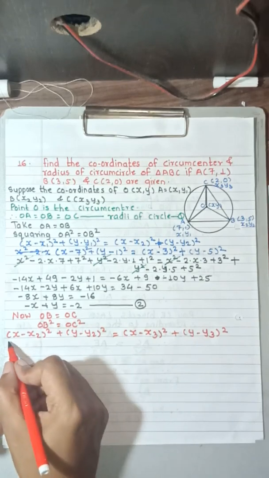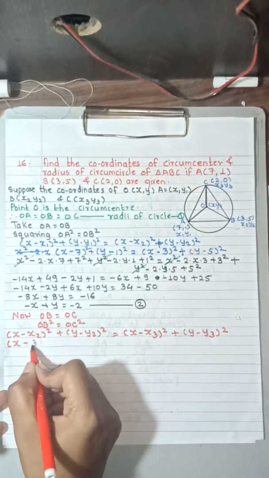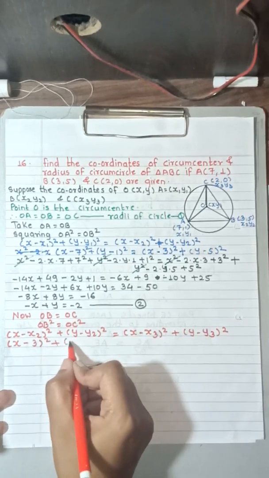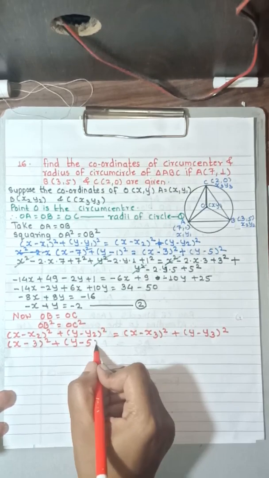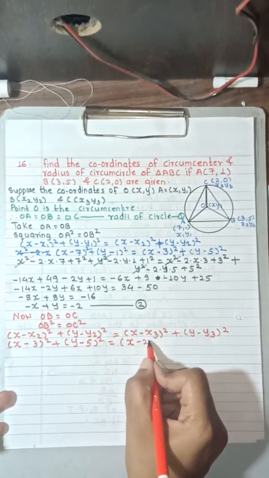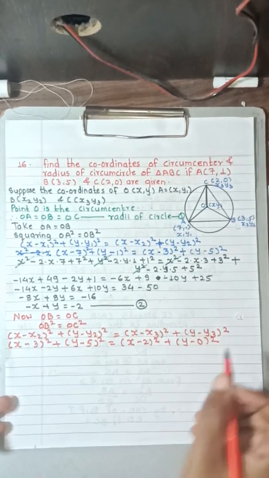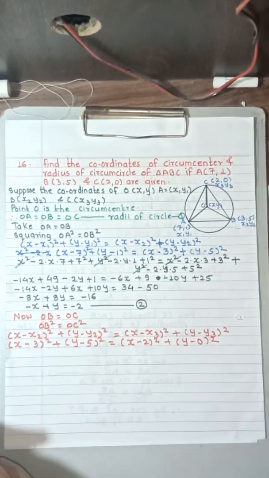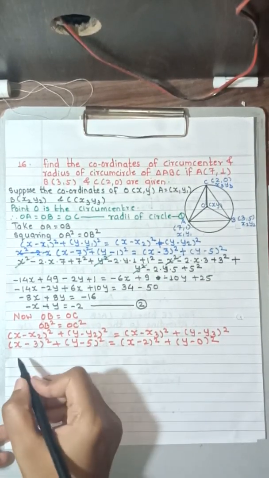Okay, so we'll put the values. Now what is x2? x2 is 3, so (x minus 3) square plus (y minus y2), so y2 is 5, (y minus 5) square is equal to x3 is 2, (x minus 2) square plus (y minus 0) square. So here we'll put the values again. We'll use the formula (a minus b) square.